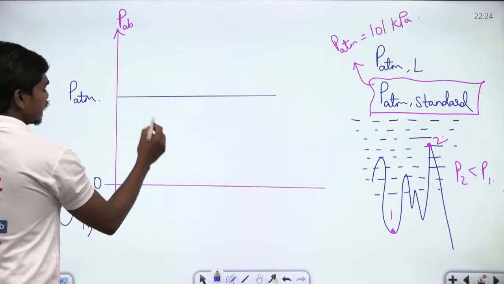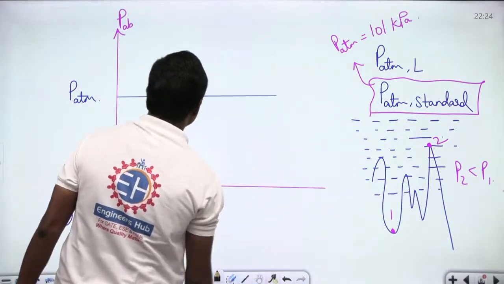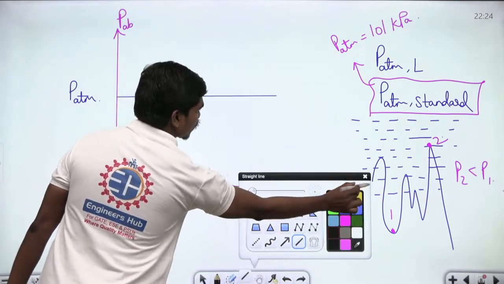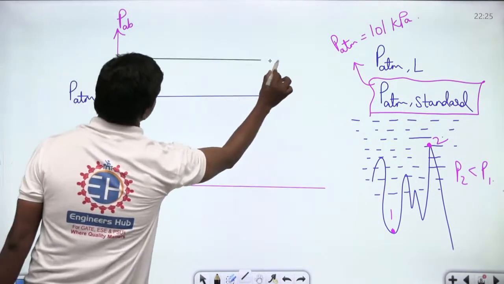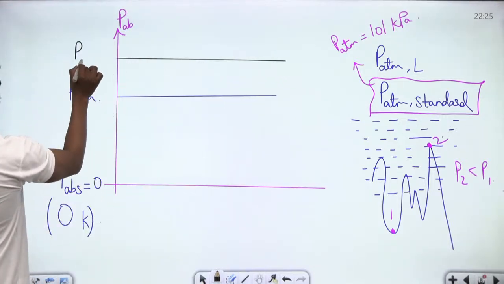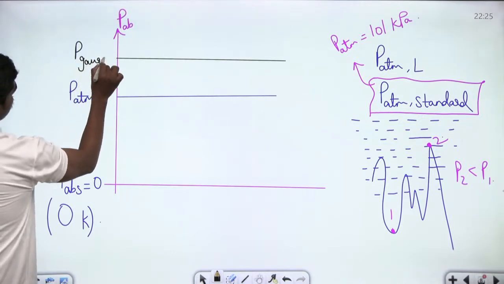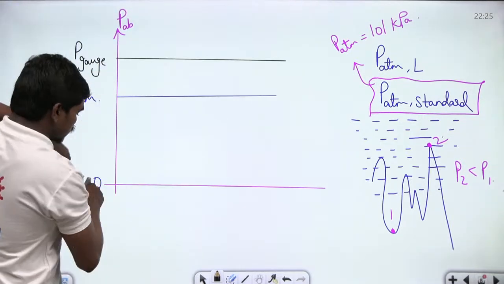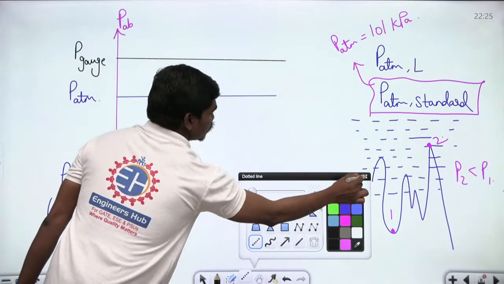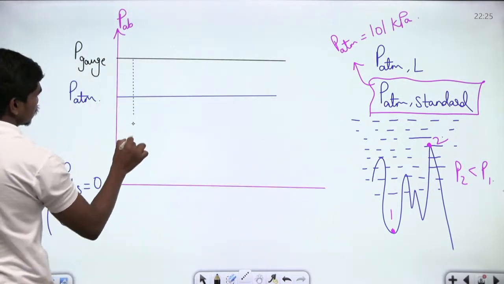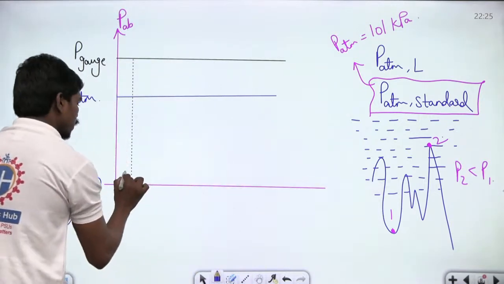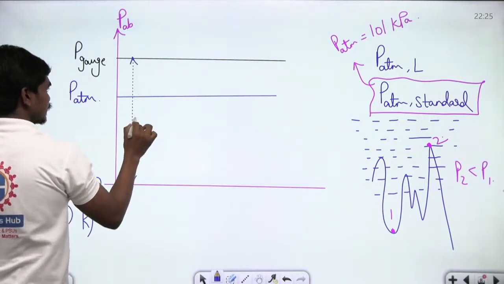So let us suppose a gauge has shown you some pressure. What you are writing here is P gauge pressure. Now, if this is P absolute equal to 0, then this complete pressure which is acting till this location is P absolute in this case, correct?